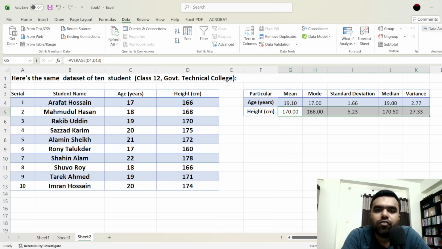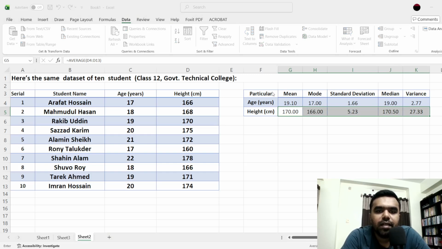From this portion, we can do the regression. Let's click here. Now, what do you want to get? Histogram, correlation, covariance, regression. I would like to find the regression here, and click on regression.